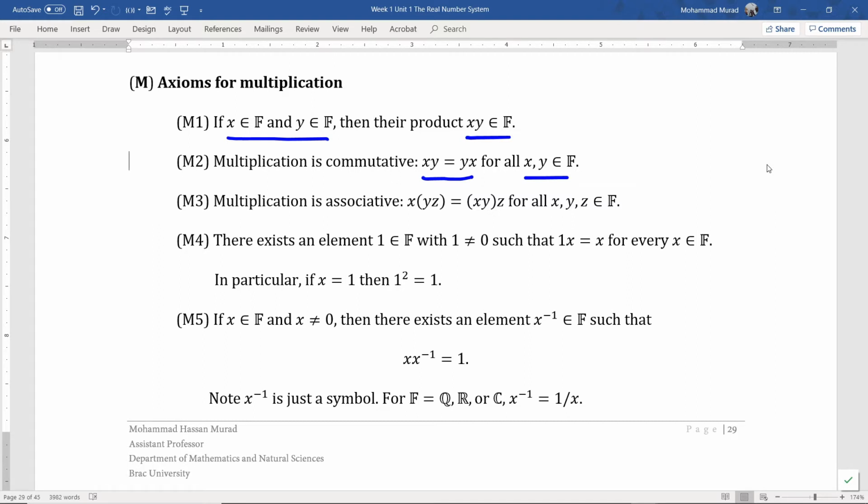Means x times the product yz equals (xy) times z for all x, y, and z in F. M4. There exists an element denoted by this symbol 1 in F with the property that 1 is not the same as the additive identity element, such that 1x equals x for all x in F. This one is called the multiplicative identity.